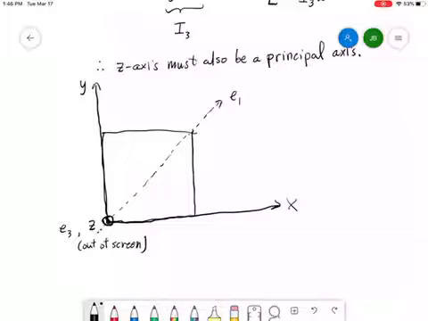So what we have to do in order to find the third one, which we're going to call E2, is to just make it perpendicular to E1 and to E3. So if it's perpendicular to E3, which is out of the screen, it must be in the plane of the screen. So that's good, so we can draw it. And then it just has to be perpendicular to E1. And so let's make this choice, where this is going to be now E2, and this is a 90-degree angle.